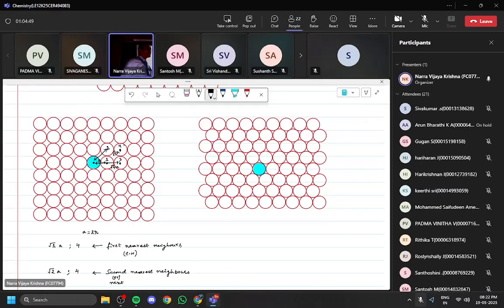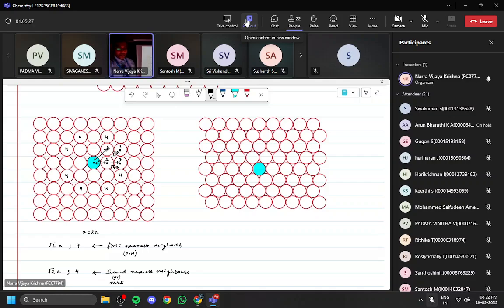We will understand the meaning of it. How many? This is 4, this is also 4, and all of these are fourth nearest neighbors.